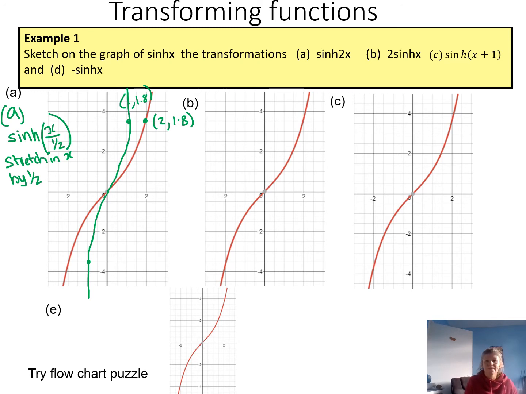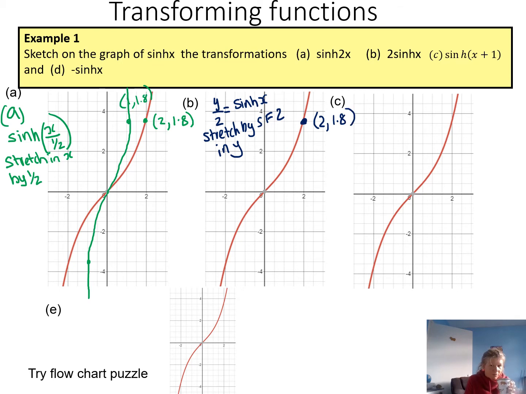Right, so next one is 2 sin x. So if we'd had y over 2 equals sin x, this has been a stretch by scale factor 2 in y. So any point now, I keep picking this one here, which is really not true, but that's 2, 1.8 pretending.